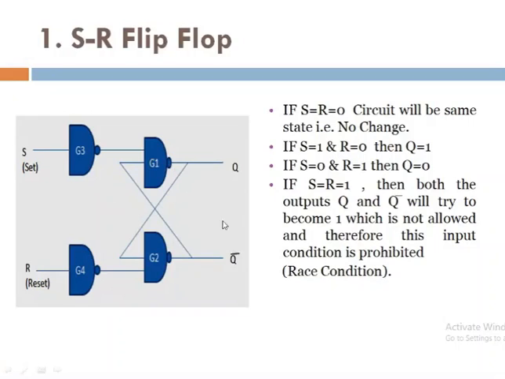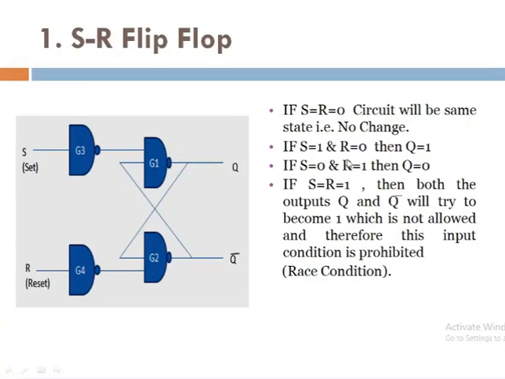So it will not affect your 1-bit memory cell. It means that whatever the previous state stored in Q, either Q will be a 0 or Q will be a 1, that particular state will be retained. So there is no change in this circuit, that's why the circuit stays in the same state, the previous state, either 0 or 1.